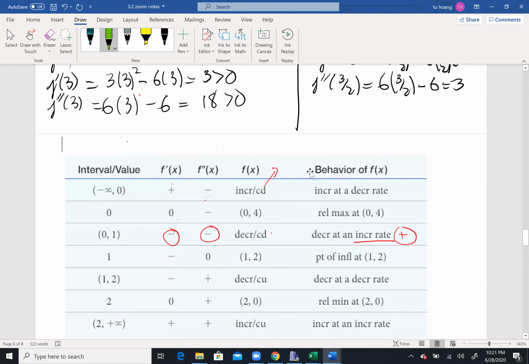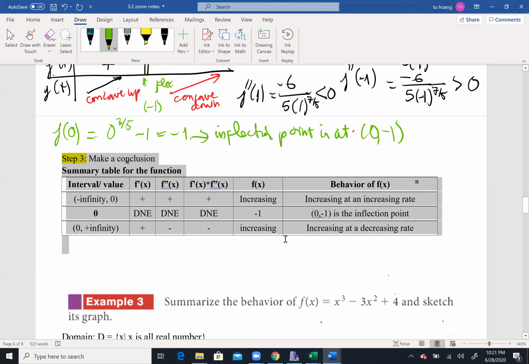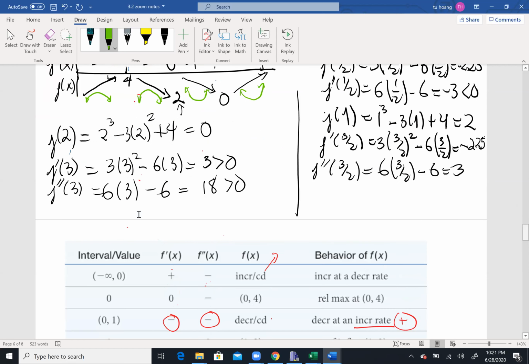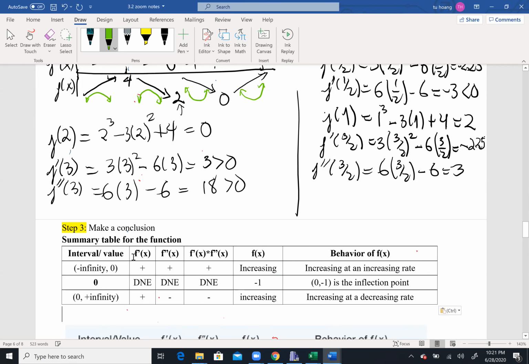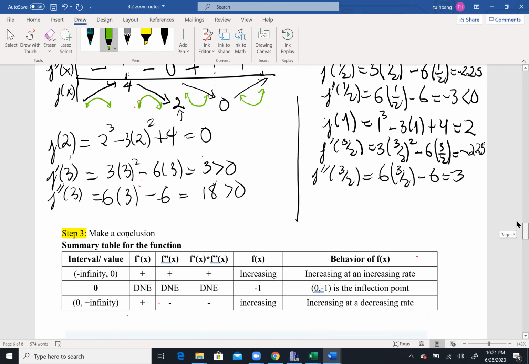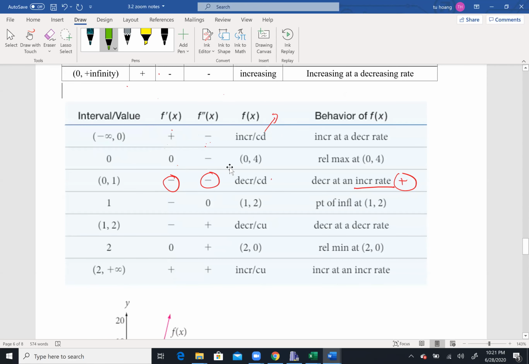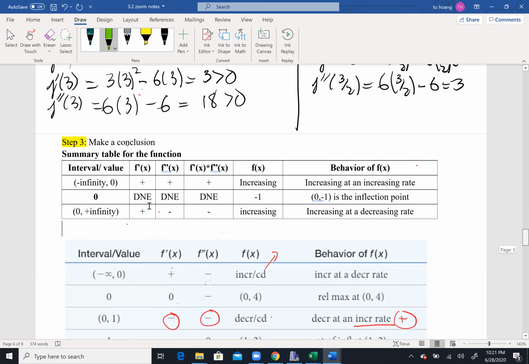You know what? I'm going to create another table. So step 3 here. So the interval is from negative infinity to 0. What is that? 0, 1, 2, right? From negative infinity to 0, and then check at 0.